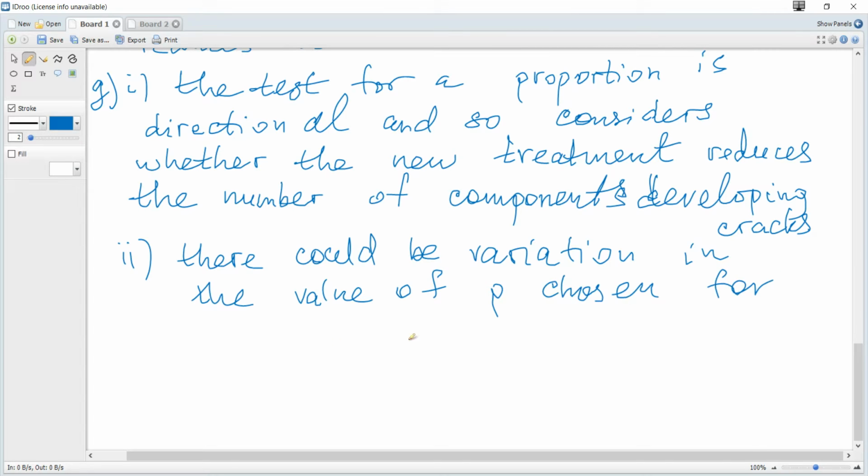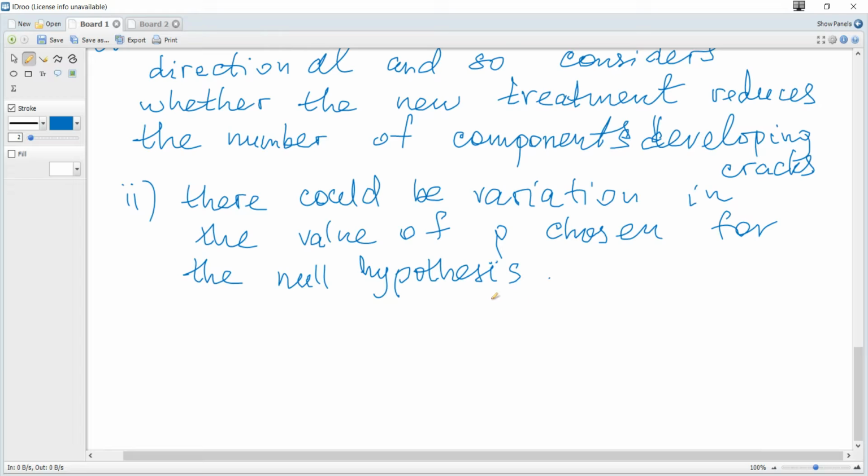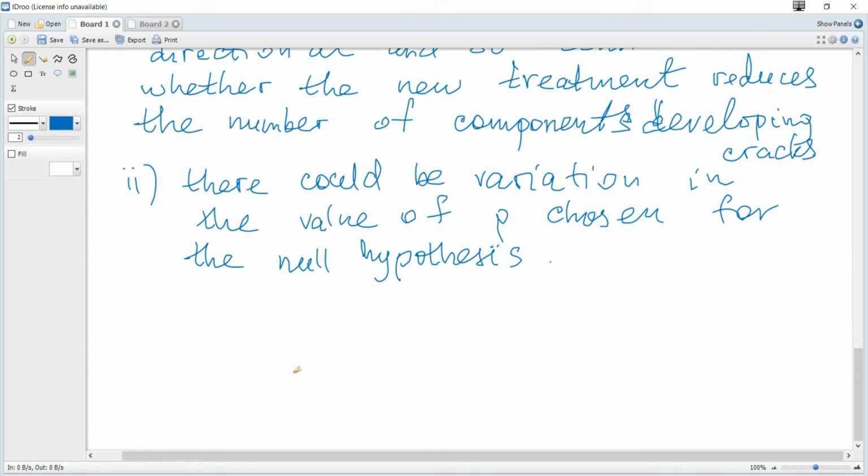Chosen for the null hypothesis, or you may just say that p cannot be constant or something like that, or if we choose another sample p will be another, or the test has to make an additional assumption, for example for independence, or additional assumption for constant probability.